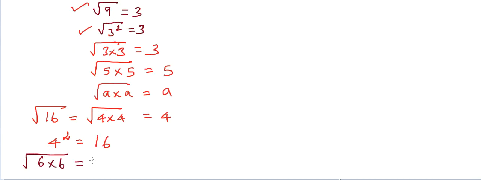Square root of 6 into 6 is 6. Also 6 can be written as 2 into 3. So the same thing can be written as 36 is 2 into 3 into 2 into 3.